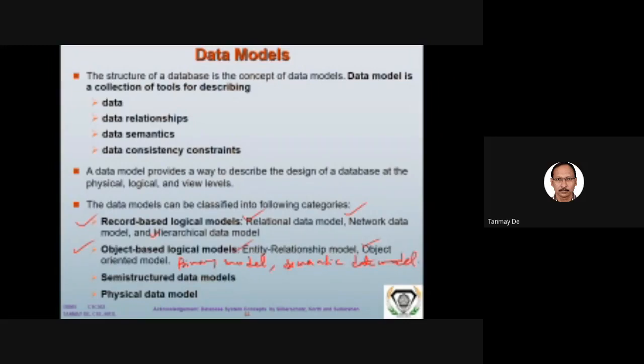This data model is the most popularly used in the past and present. The network data model and hierarchical data model were used earlier, but nowadays very few old databases exist that are used by very few enterprises. And our syllabus is also based on the relational data model.